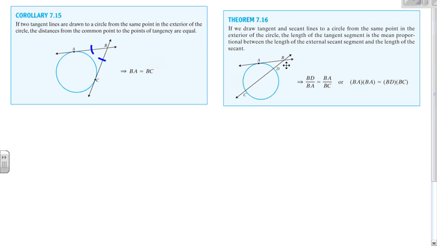And if you have a tangent and a secant, I mentioned before that we took the outside portion times the whole length. With tangents, the outside portion is the whole length. So it would be BA times BA equals outside portion BD times the entire length BC. BA times BA equals BD times BC. Outside portion times whole, outside portion times whole.